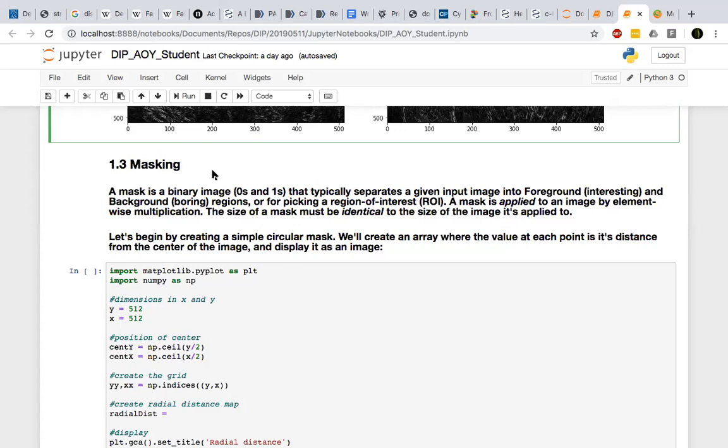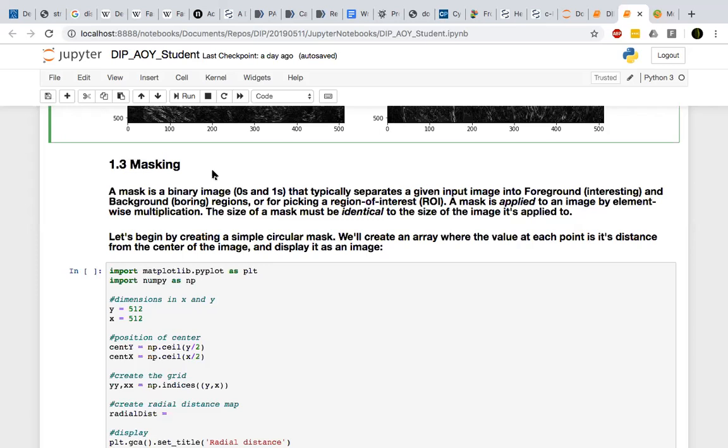Okay, so a mask is a binary image, and by a binary image I mean an image where every pixel gets the value of either 0 or 1. It gets 1 if this is a pixel that I want to keep, a pixel of my foreground. And it gets the value 0 if it's a pixel in the background, something I don't care about.